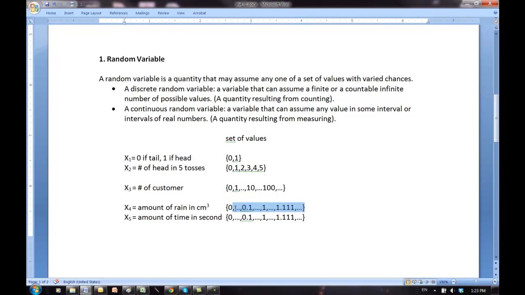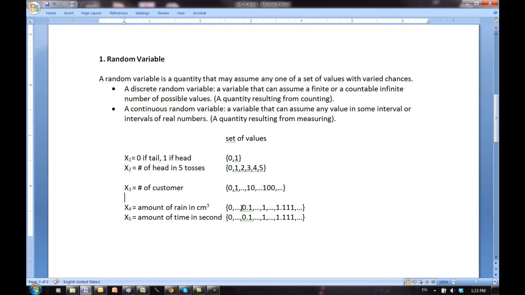However, notice that this infinity is actually greater than this infinity, because we can count how many values are sandwiched between 1 customer and 10 customers. There will be from 2 to 9. So that's 8 distinct values.